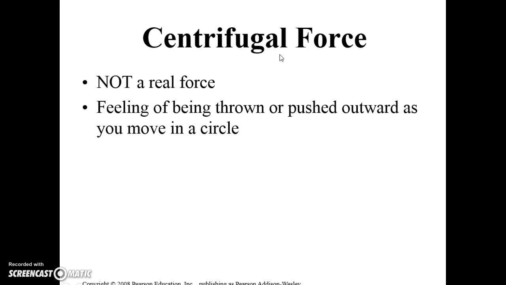You've probably heard this term before: centrifugal force is used a lot in the popular media, but it doesn't exist. It's not a real force. It is used to describe the feeling of being thrown or pushed outward as you move in a circle. But we said that centripetal force pushes toward the center.